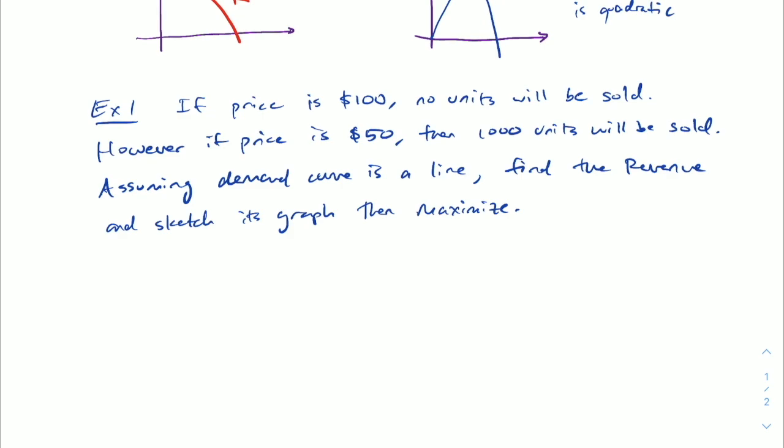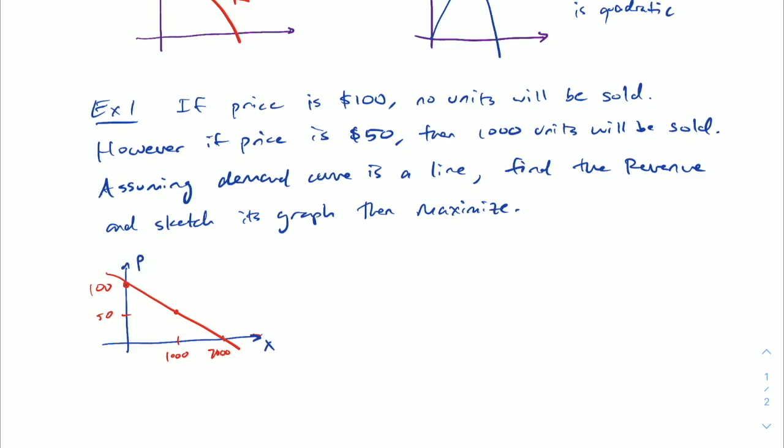Okay, so let's start by drawing the price curve. So when the price is $100, then no units will be sold. When the price is $50, then we can sell 1,000 units. And if we draw a line through those 2 points, we'll get that line crossing the x-axis at 2,000.